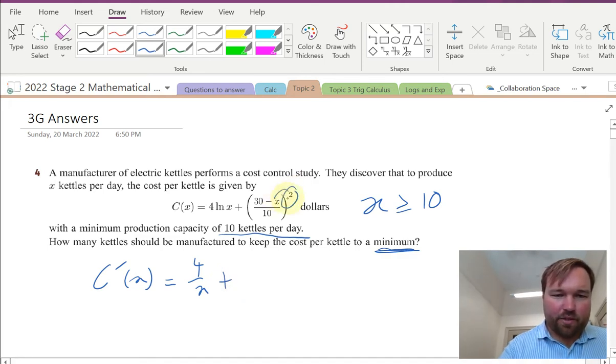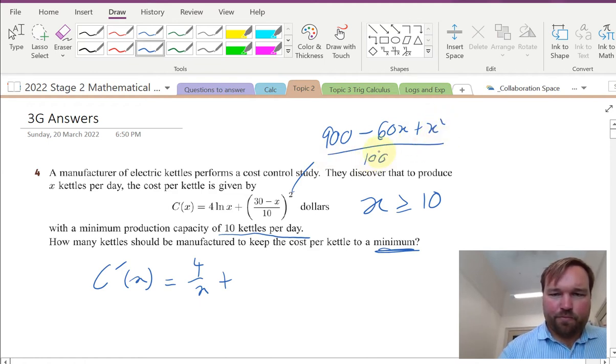That squared is going to hit the top and the bottom. So it is going to be 900 take 60x plus x squared on 100, which is equal to 9 minus 60 on 100 x plus x squared on 100.